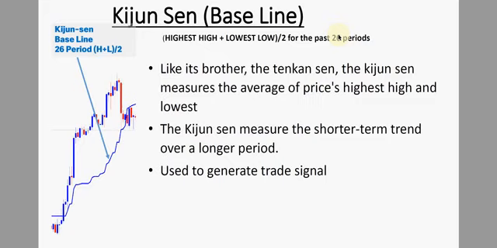Remember, the brother, which is the Tenkan-sen, is over 9 periods. The big brother Kijun is over 26 periods. It is also used to measure trend, even though over a longer period, and we use it to generate signals.